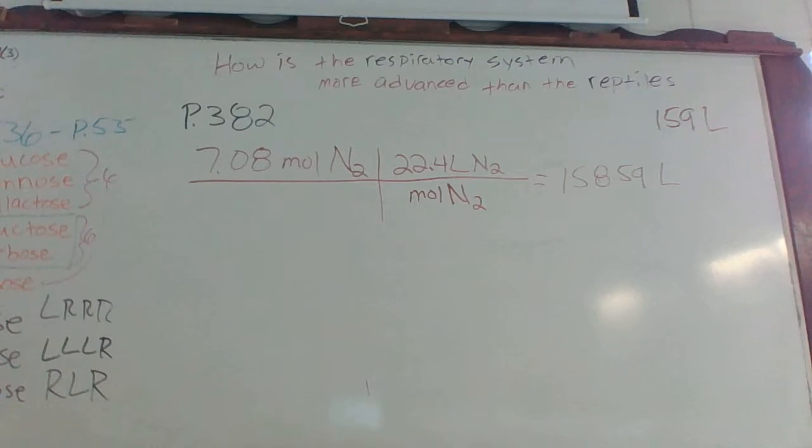Okay, so do you want to do another practice problem? Now, how would we find the volume of nitrogen measured at STP if we had, give me a number between 500 and 600. 523.